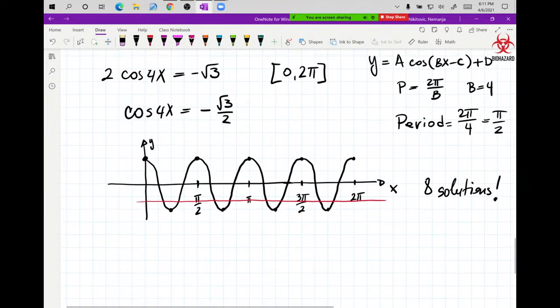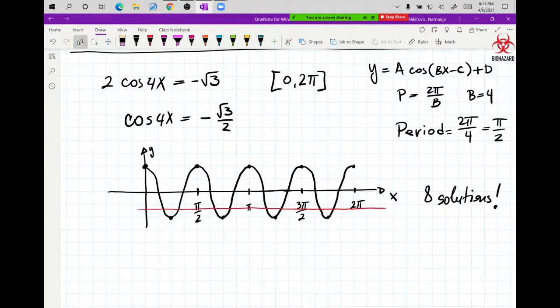Can I ask a question real quick? Of course, always. So the red line represents the equation cosine 4x equals negative... No. Red line is the straight line, which is this. Negative square root of 3 over 2. The black line is the cosine, the wave. I'm just going to get the decimals from the calculator. So the red line represents negative root 3 over 2 on the y-axis. Yes, because y equals a number is a horizontal line.